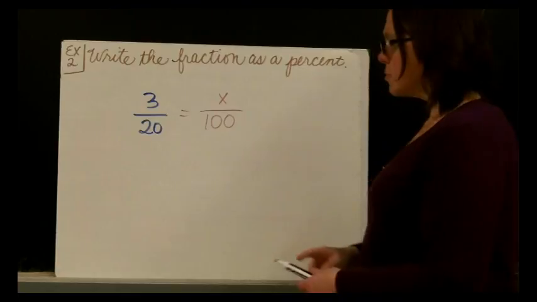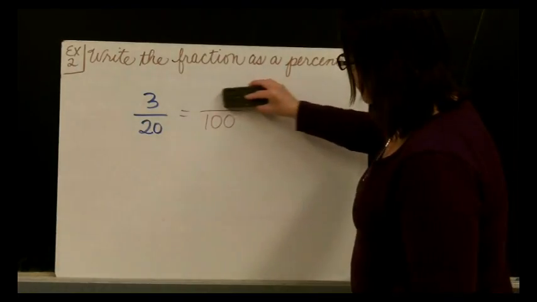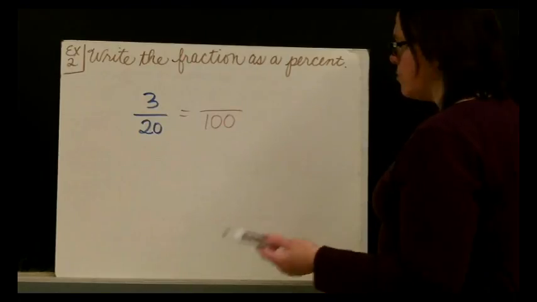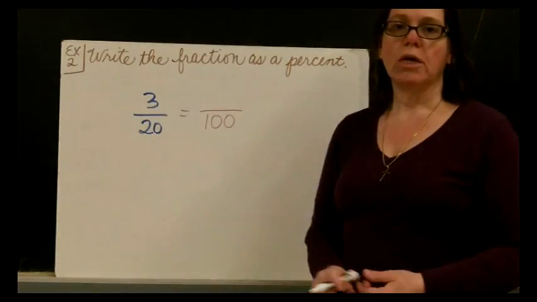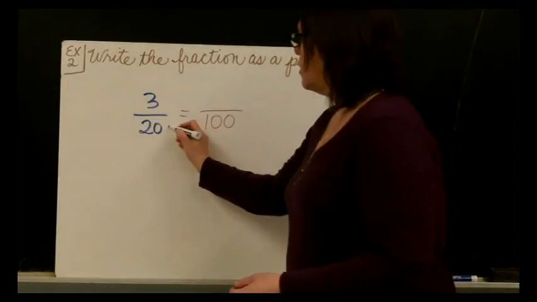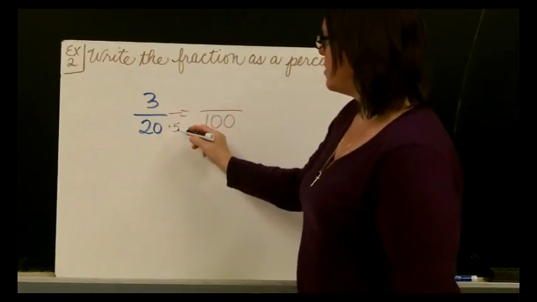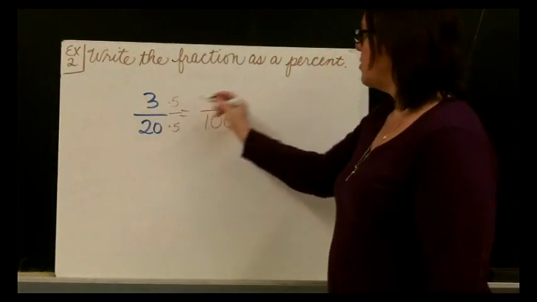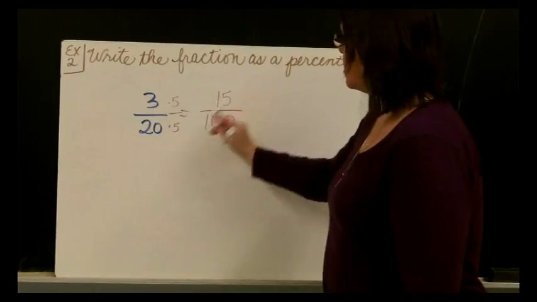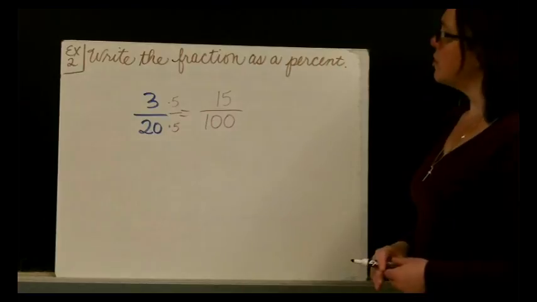Either way, we'll get the same answer. I'm sure you already know 20 goes into 100 evenly. You multiply by 5. So if you multiply the denominator by 5, you also have to multiply the numerator. 3 times 5 is 15. So 3/20 is equal to 15 hundredths.